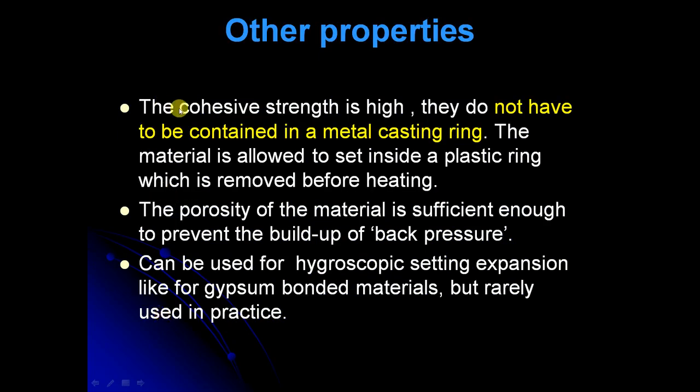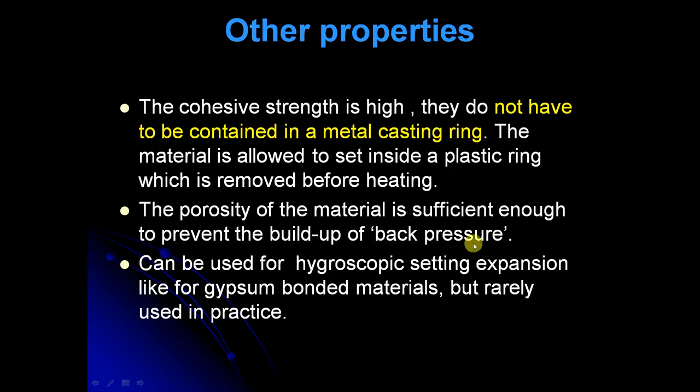Other properties: the cohesive strength is high. They do not have to be contained in the metal casting ring. The material is allowed to set inside a plastic ring, as compared to a metal casting ring, which is removed before heating. The porosity of the material is sufficient to prevent the build-up of back pressure.